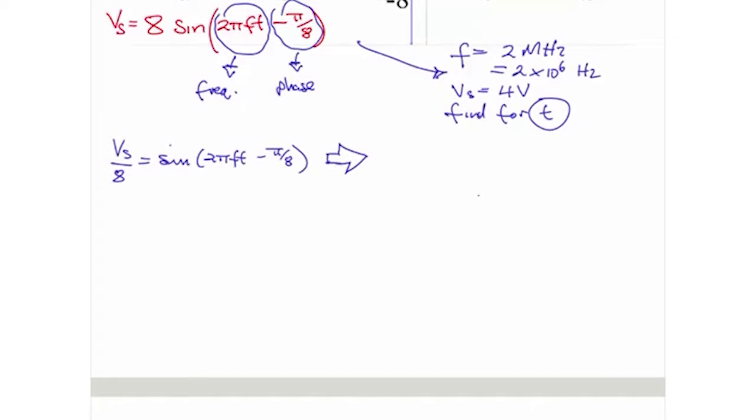How about taking the sine minus 1 of both sides? In that case, that sine is going to disappear, so we're going to have sine minus 1 of Vs over 8 equals 2 pi ft minus pi by 8.